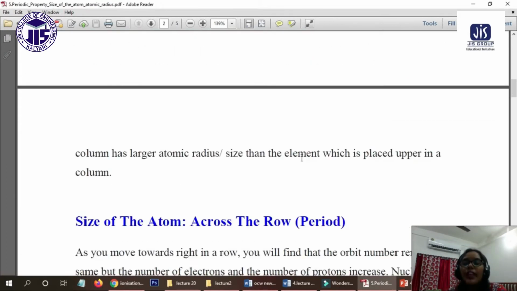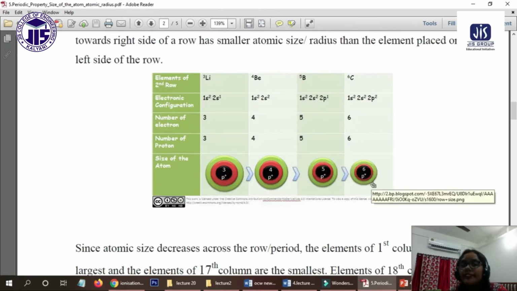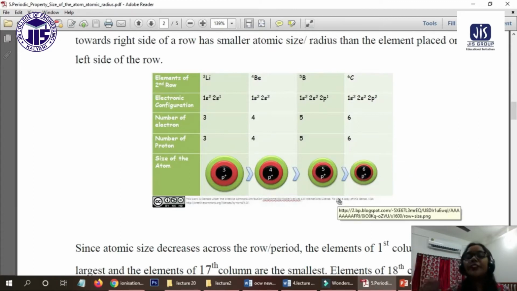Now what will happen if we go towards the right side? The size will decrease. Why? If we go towards the right side, the electrons are added, not an extra shell. The electrons are added in the same shell, as well as the protons.